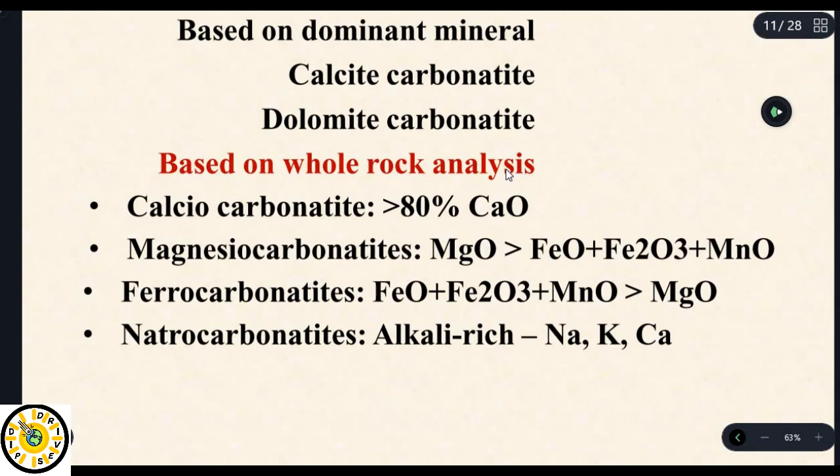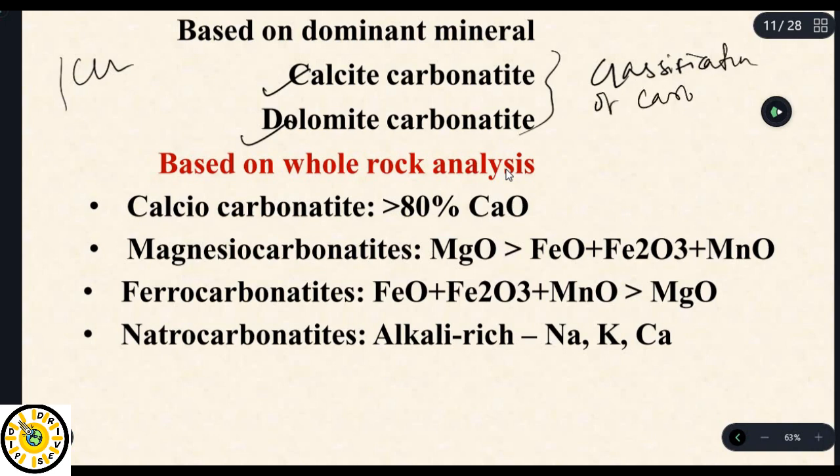So based on the dominant mineral, as I told you, normally we say calcite carbonatite or dolomite carbonatite, based on the different mineral assemblage. This is the classification of carbonatite, based on whole rock chemical analysis.